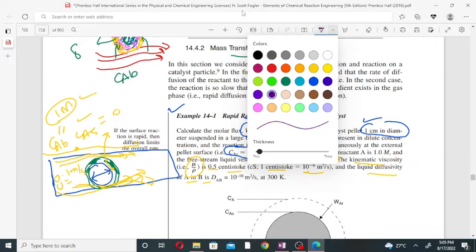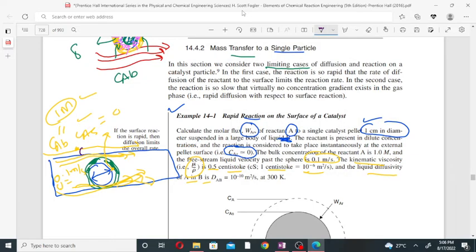This is the component A, and this is the component B, the liquid. Now component A is diffusing from the liquid to the catalyst surface through this hydrodynamic boundary layer.